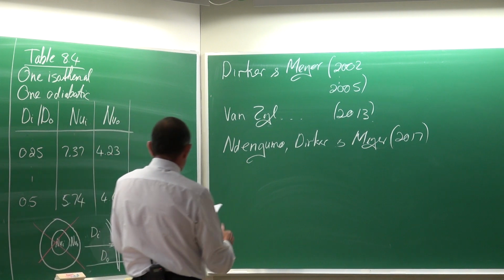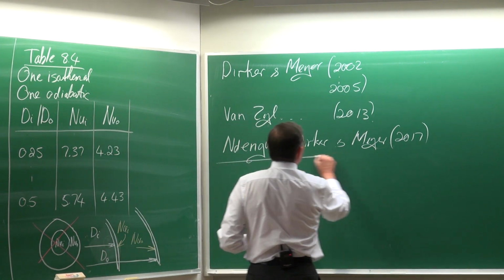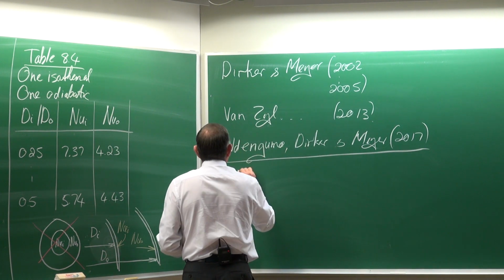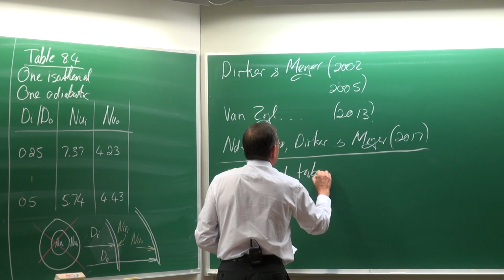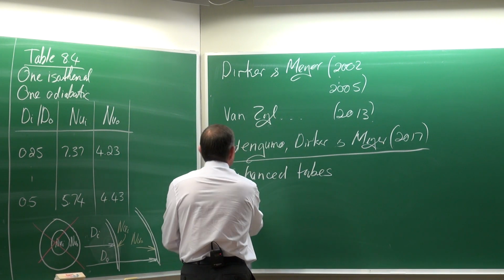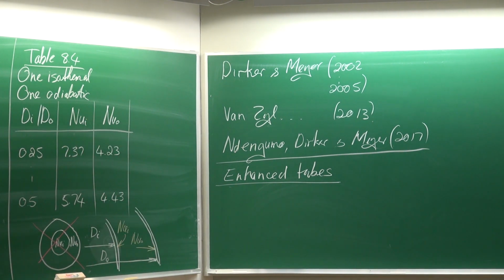Right. The last part of this chapter is on enhanced tubes. Now in industry, if we design heat exchangers, again this is the simplest type of heat exchanger, where we've got heat transfer from cold fluid to a hot fluid.